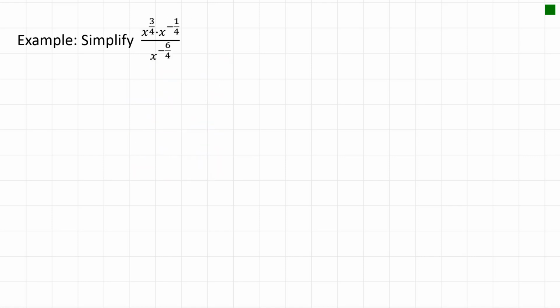There's lots of fractions involved now. So in this example, where I want to simplify this expression with all these fractions, my preferred method is to get this x with this negative exponent up into the numerator. Let's get all these x's in the numerator together. So that would be x to the power of -1/4, and then times x to the power of +6 over 4.